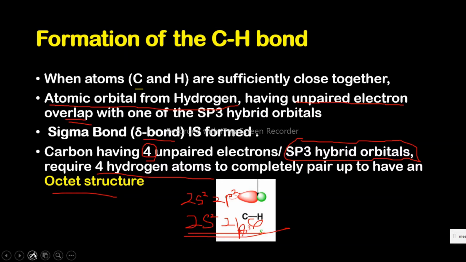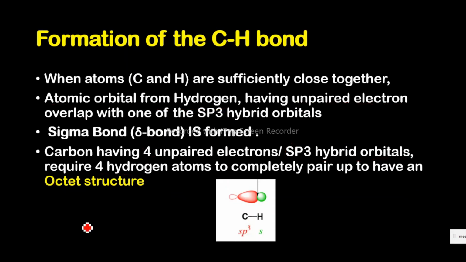So basically that is some illustration of the orbital overlap, where this is the carbon, and this is the s orbital, and this is the sp3 hybrid orbital, and this is the 1s orbital of hydrogen.